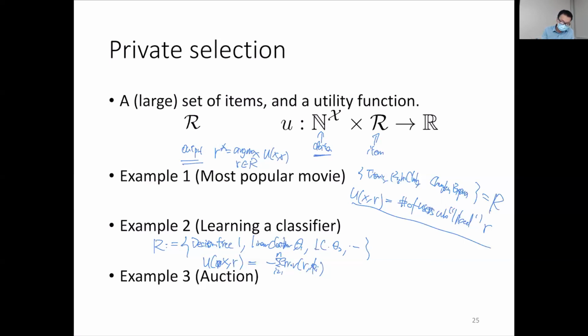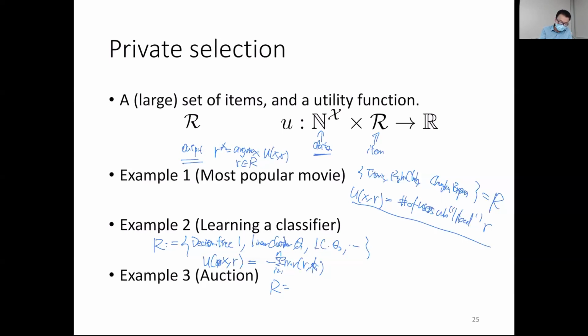And the third example, let's say in a situation of an auction, the object space is going to be the price that you're going to sell this item at. Let's say that you have many copies of this CD, and you want to decide how much to charge for each copy so you can maximize your profit. So this R is a price to sell an item.